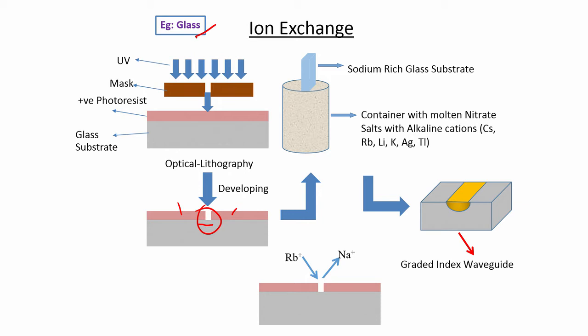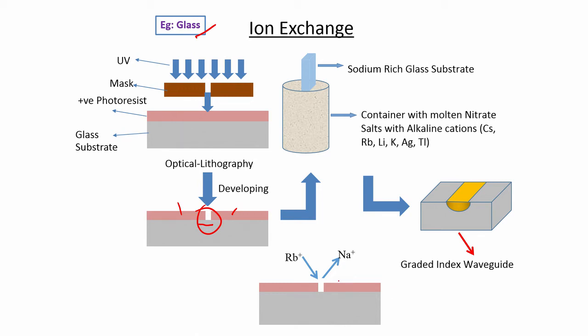Then you have a bath of diffusant and you melt it if necessary. In this particular case you have a nitrate melt, for example silver nitrate in a container, you melt it to a certain temperature as required, and then you dip this entire wafer into that.